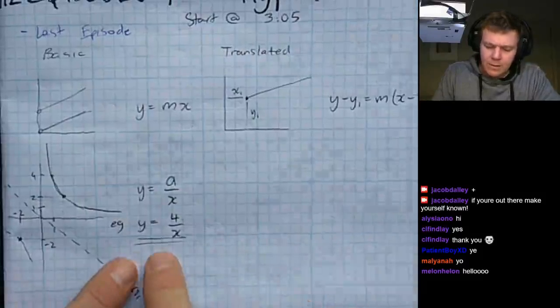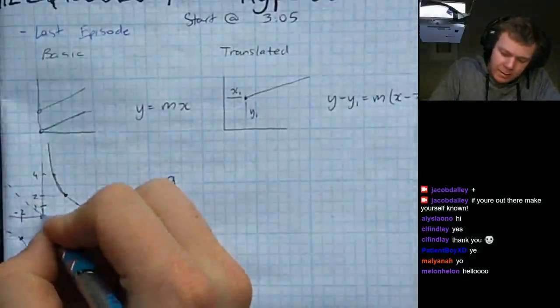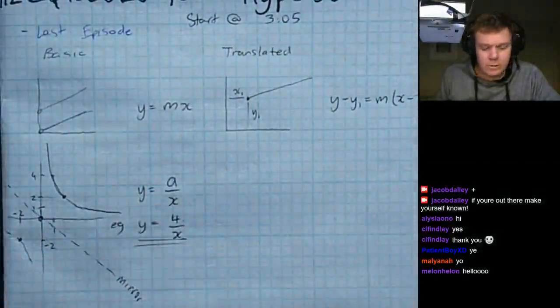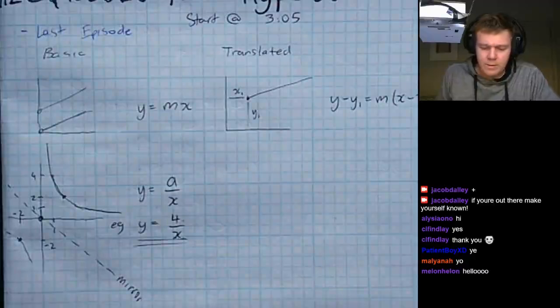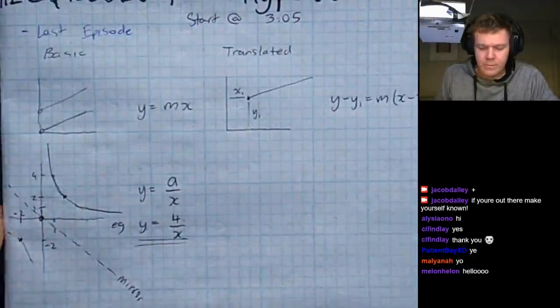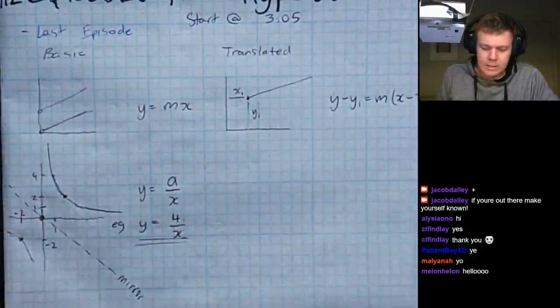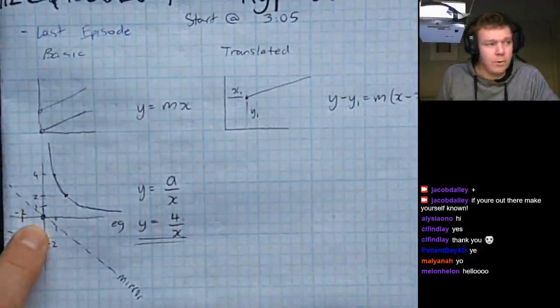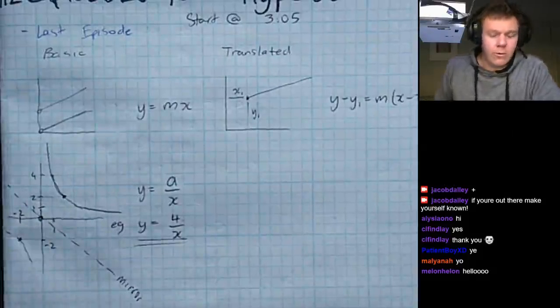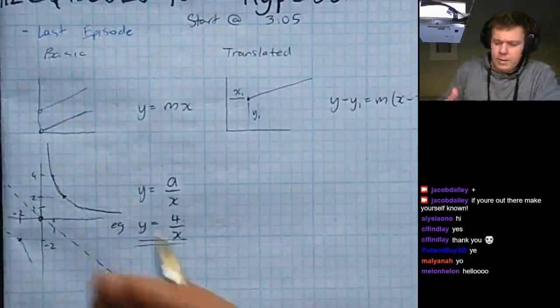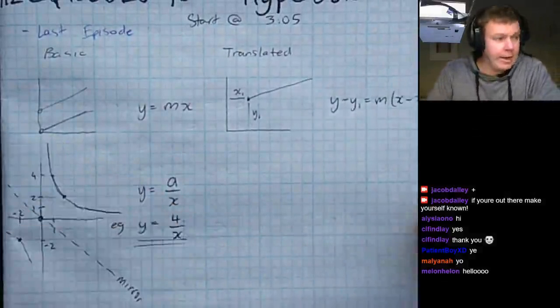So that's a basic one, and it is always centered on the origin. If it hasn't been moved or translated, the mirror line will go through the origin at a 45-degree angle.